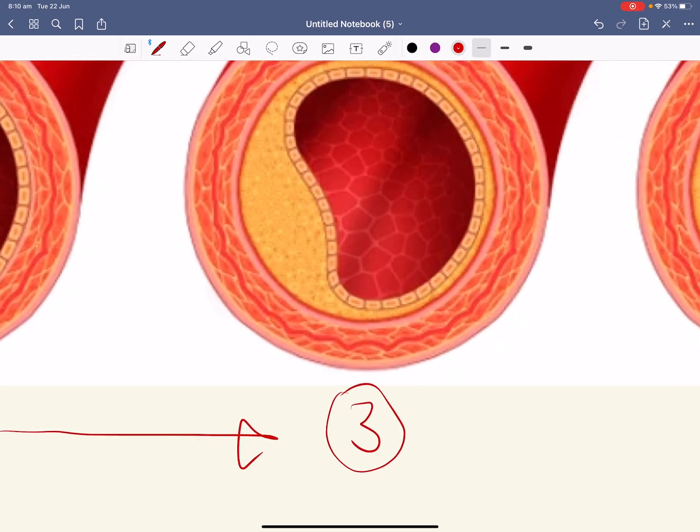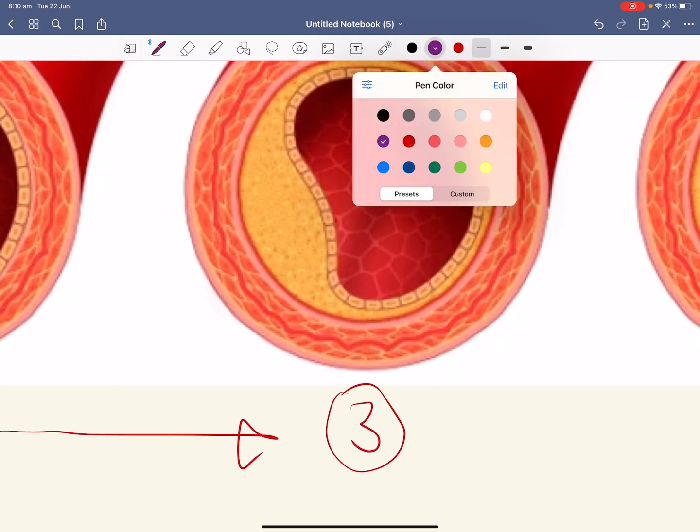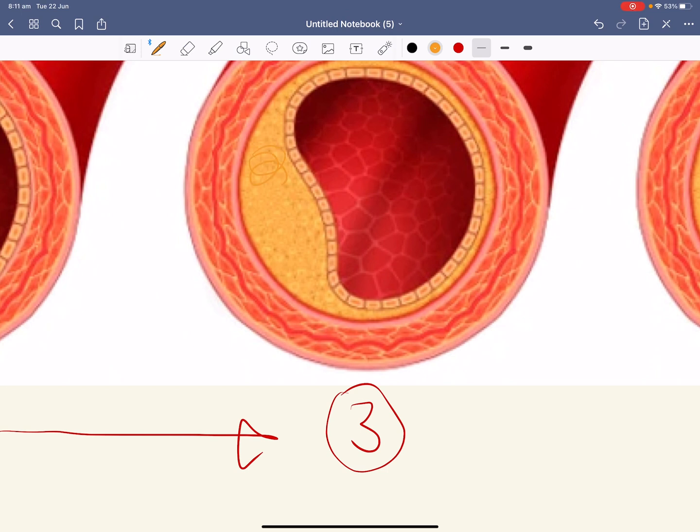What really happens, the most important thing I just think you need to know here is the fat and everything associated with the fat just accumulates. So this is the fatty part or the lipid part of the atherosclerosis, just keeps manifesting in the blood vessel like so.